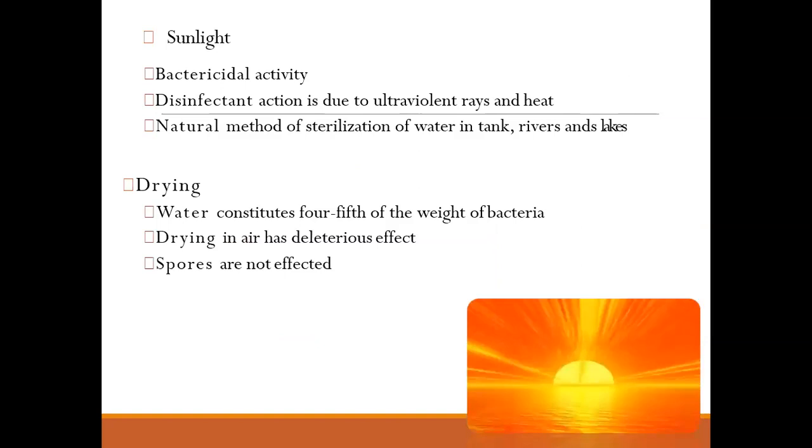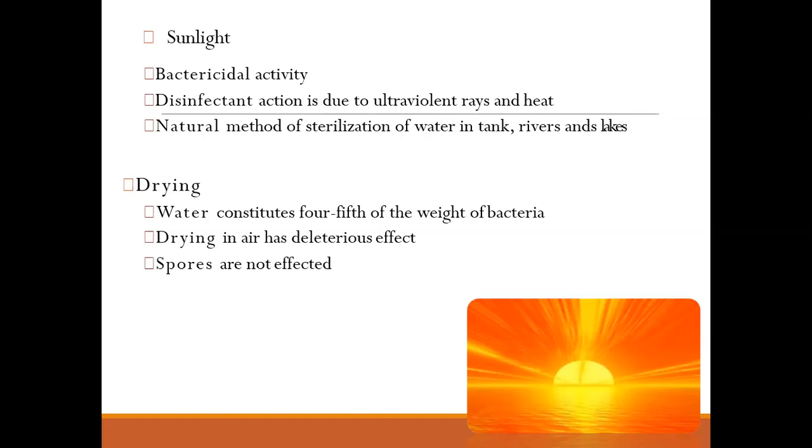Sunlight has bactericidal activity and disinfection. This disinfectant action is due to ultraviolet rays and heat. It is a natural method of sterilization of water in intakes, rivers and lakes. Drying: water constitutes four-fifths of the weight of bacteria.